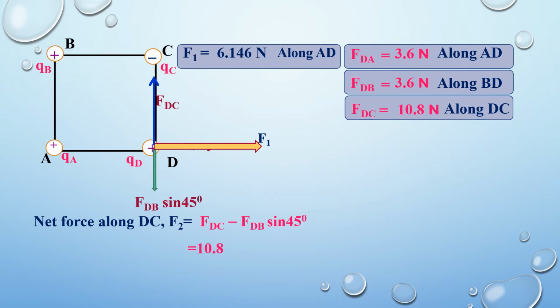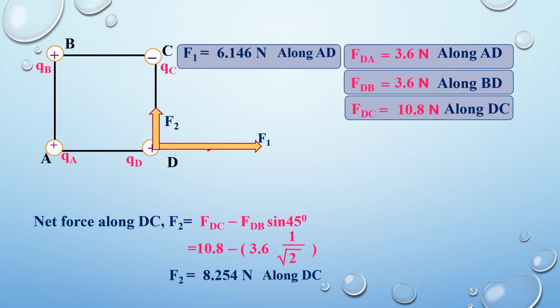So if I simplify, we know FDC is 10.8 Newton minus FDB, which is 3.6 into sine of 45, which is 1 by root 2. So I simplify this value to get F2 equal to 8.254 Newton. So it is known that F2, which is 8.254, is along DC.